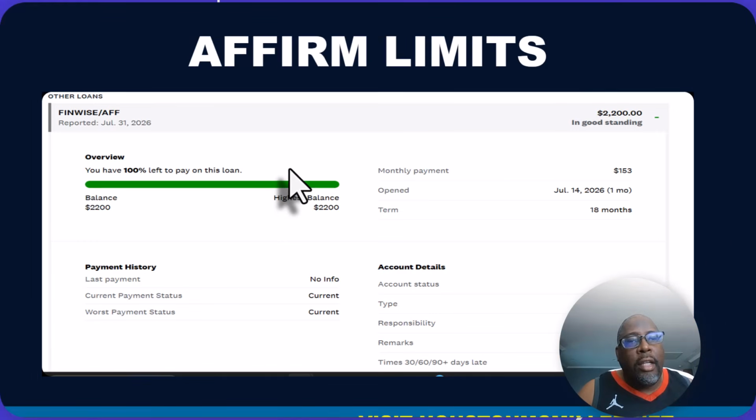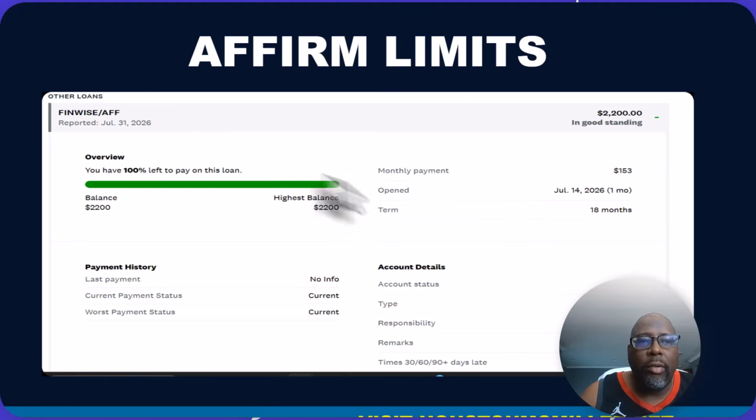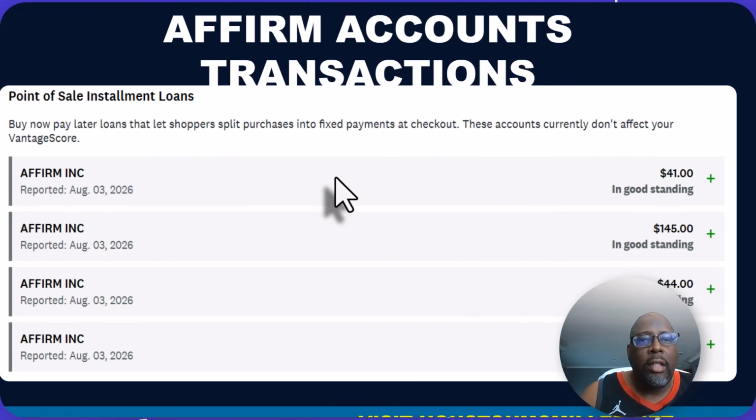Now, understand, Affirm gave this client $2,200. Now, some of you are like, well, that's not a big deal. What's the big deal of it? Well, let me show you. Here's the situation. That client did four transactions: $41, $145, $44, and $50.